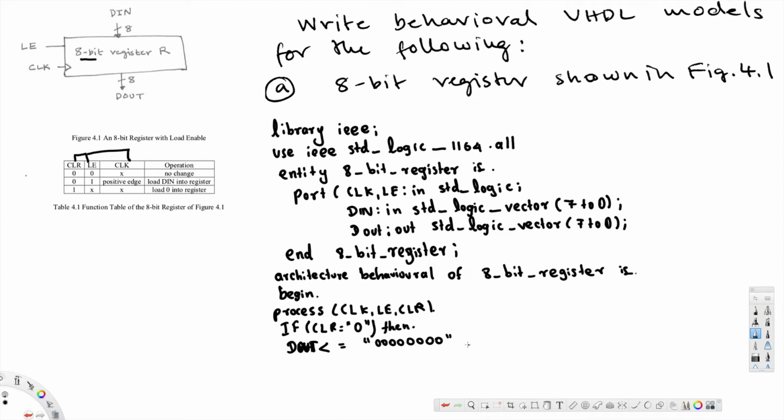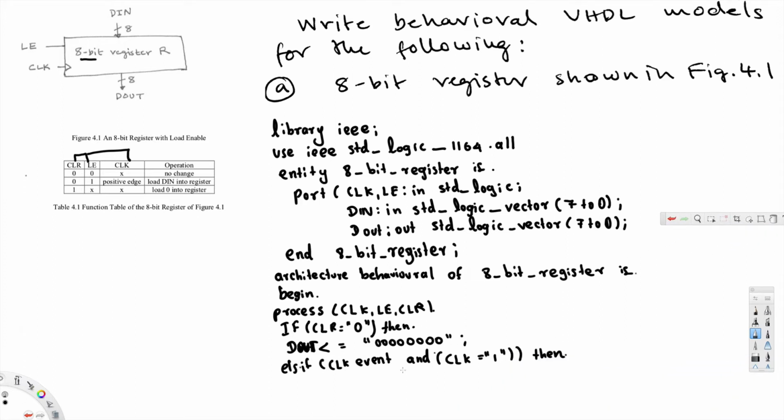Okay, now after that, else if clock event and clock is equal to 1, then if load enable is also 1.